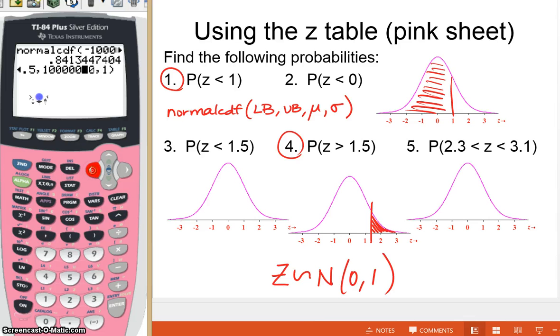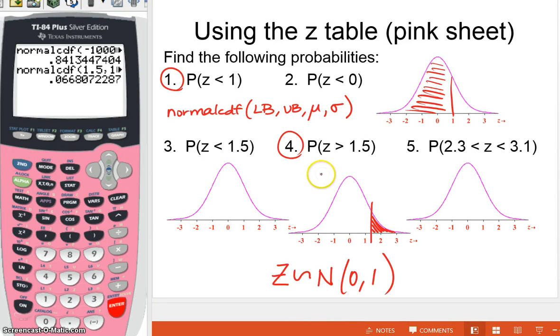Again, if you don't have the current operating system, you enter it as lower bound 1.5, comma, upper bound infinity, comma, mean 0, comma, standard deviation 1. Press enter, and there is 0.0668, the same number we came up with yesterday.